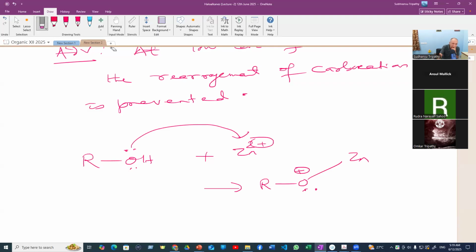ZnCl2. Let me write down. Instead of showing 2 charges, let me write down ZnCl2. So this is a dative bond with the formal charge coming to this one and negative charge coming to the zinc ion.